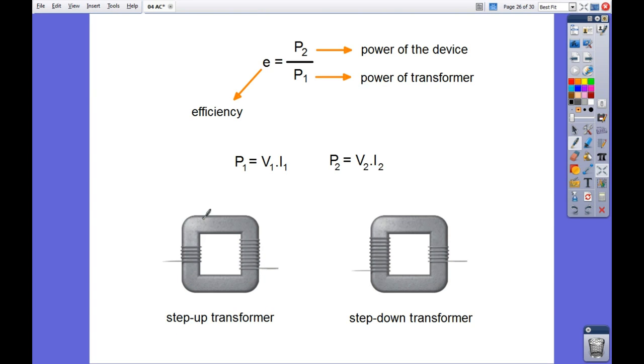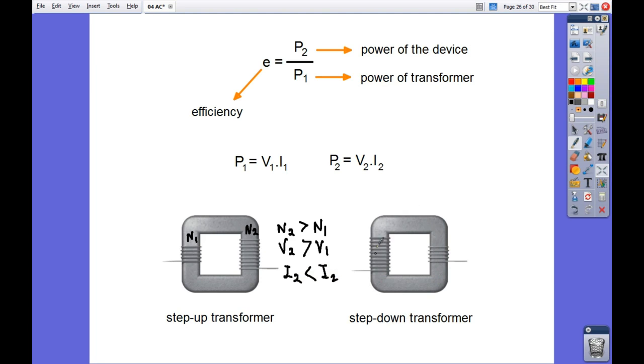As you can see, with the numbers of turns N1 and N2, the step-up transformer has a secondary coil with many more turns than the primary coil, and the voltage is increasing while the current is decreasing.